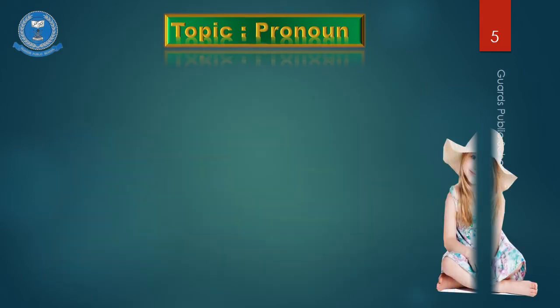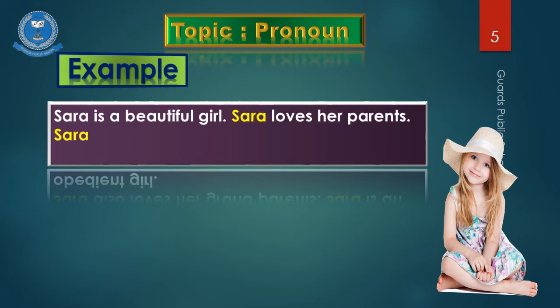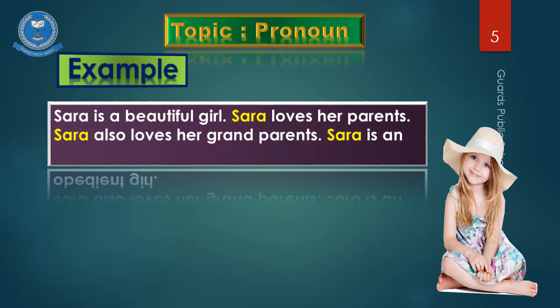So here, as you all see on the screen, there is a little girl. Her name is Sarah. Sarah is a beautiful girl. Sarah loves her parents. Sarah also loves her grandparents. Sarah is an obedient girl. So, what do we see?